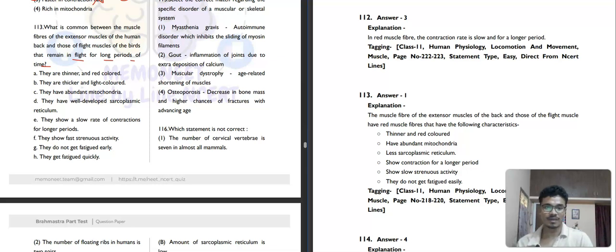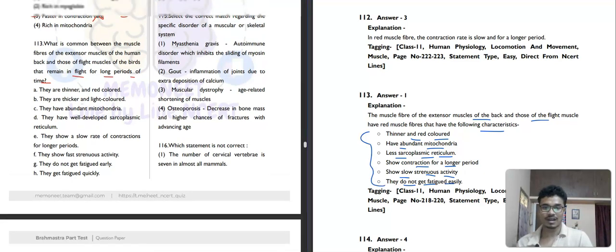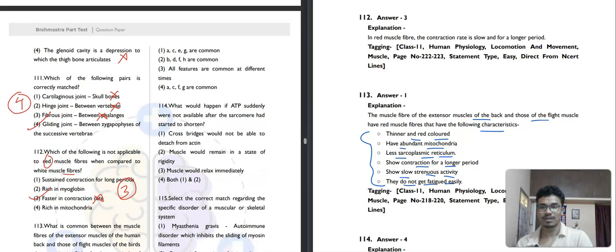So we have to see the muscle of the extensor muscle of the back has the following characteristics: thinner and red colored, abundant mitochondria, less sarcoplasmic reticulum, more sarcoplasmic reticulum is present in white muscle fiber, show contraction for a longer period, and show slow strenuous activity. They do not get fatigued easily. These are all characteristics of red muscle fiber. So our correct answer for this will be option number first.